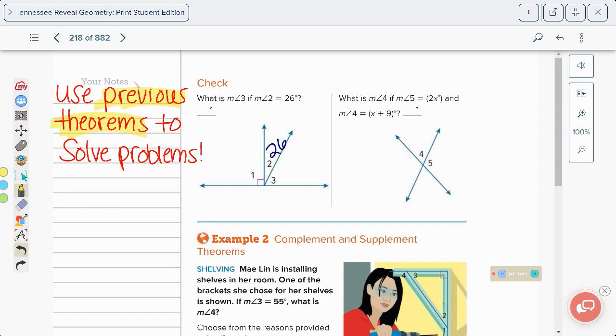And then they've already told us angle 1, right? That symbol means 90 degrees. So I'm using the fact, if I add all of them together, I know they're going to equal the total, okay? So that would be an example of your angle addition postulate.